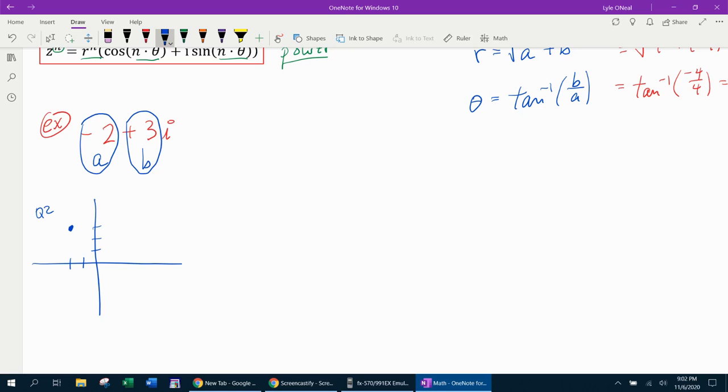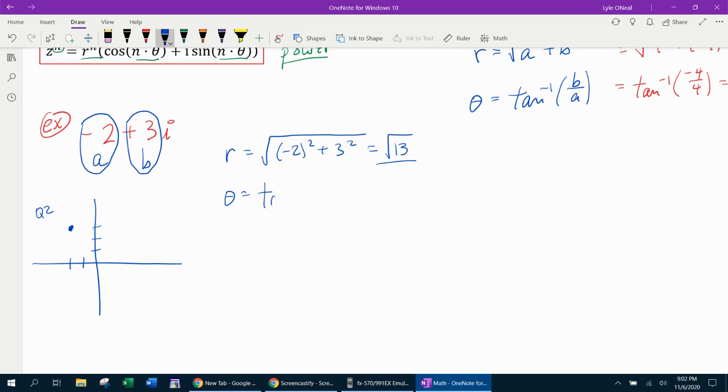So there is the dot in the right spot. Now we need to calculate the radius and the angle so we can convert to polar form. That's going to be the square root of -2 squared plus 3 squared. 4 and 9 is 13. And that is exact. I'm going to leave that square root of 13.